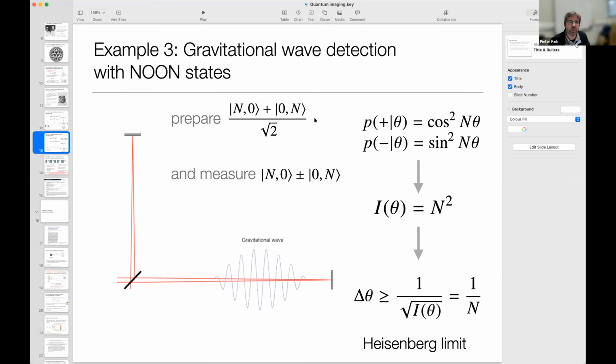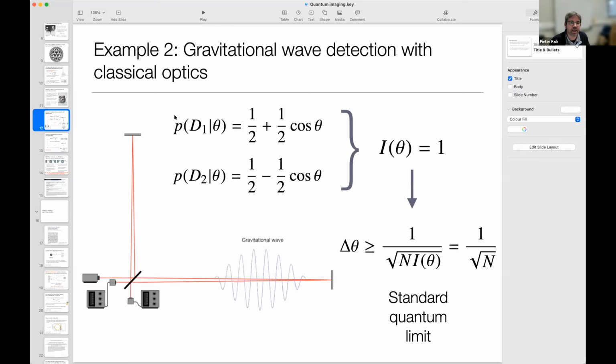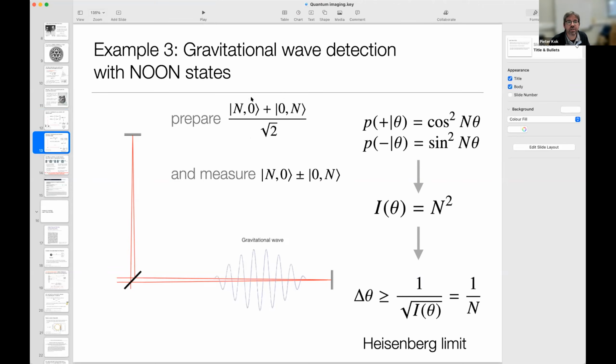So this is the classical situation. And you see that the Fisher information here is 1, and we repeat it n times, and we get our 1 over root n. And so when we do this with entangled light, then we can push this up to 1 over n. Now, this is super complicated to actually achieve, and it has all sorts of drawbacks that you probably don't even want.